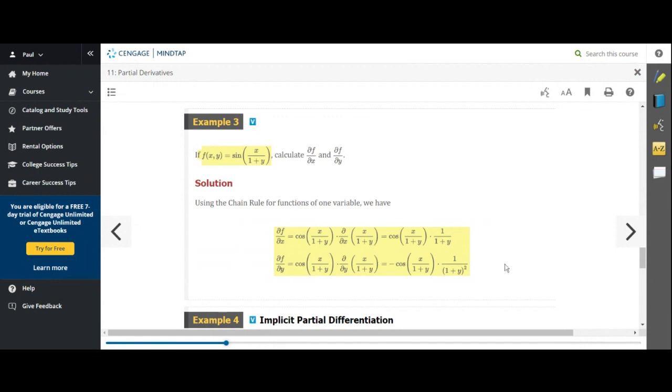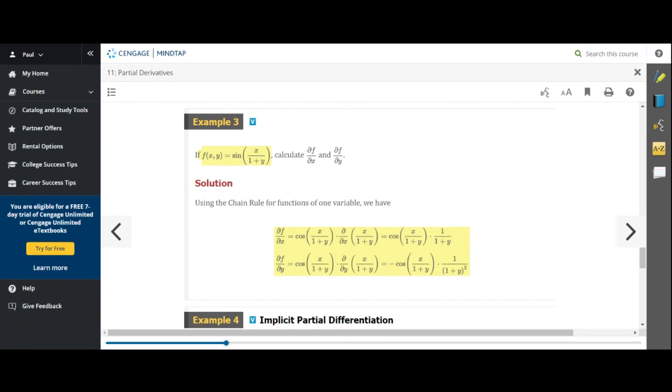The partial derivative of f with respect to x on the first line equals the cosine of x over 1 plus y, times the partial derivative with respect to x of x over 1 plus y. What rule seems to be being used here? Good, Eric.